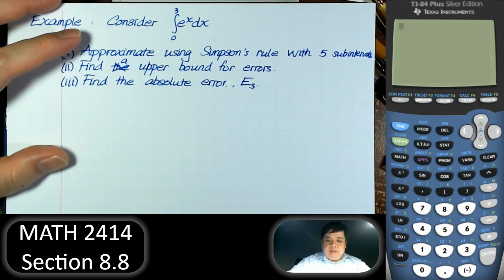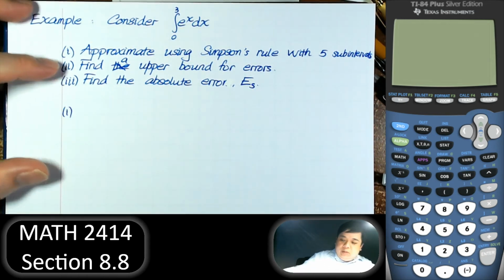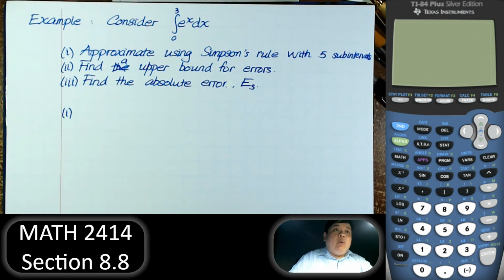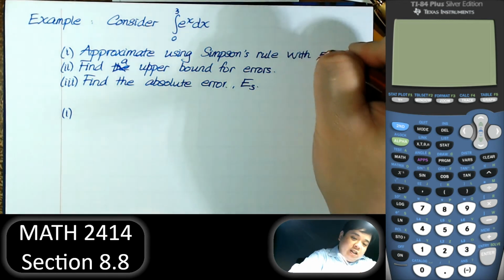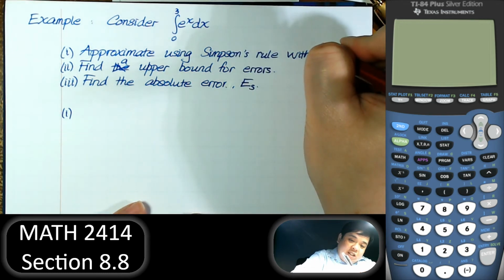Right. So first, let's do the Simpson's rule. By the way, one of the important things in the Simpson's rule is that the number of intervals has to be even. So let's do 6 instead.